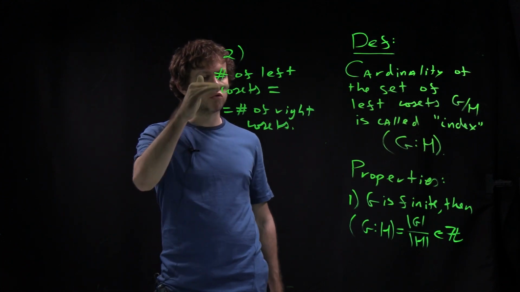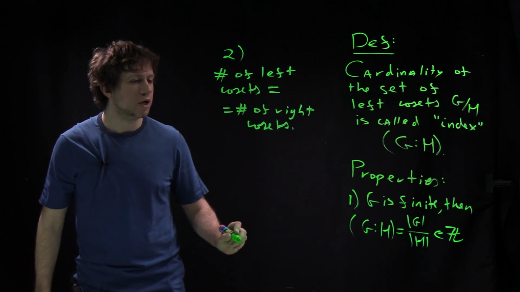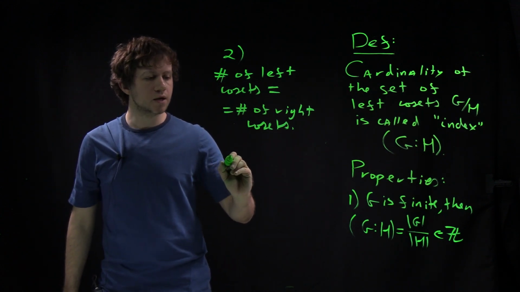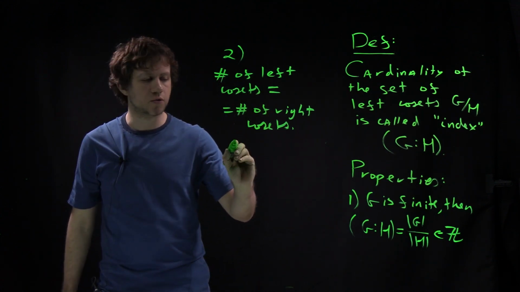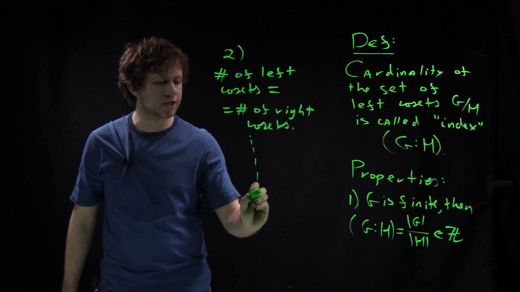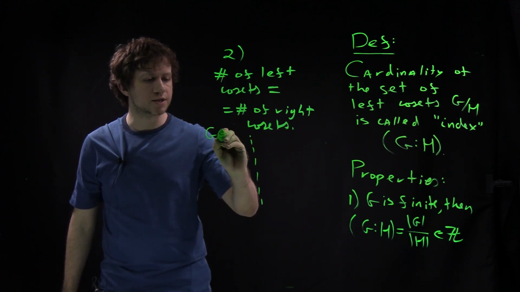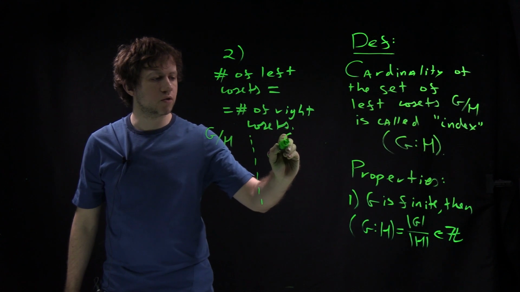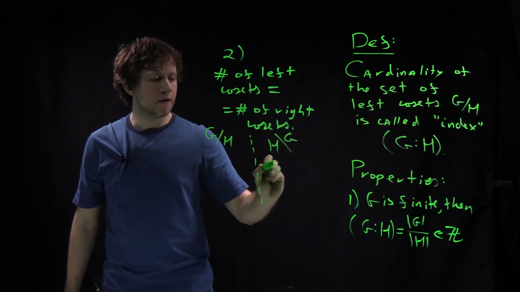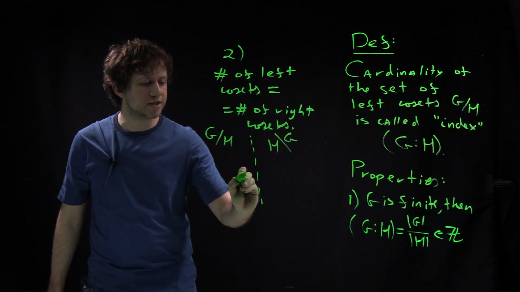But before, let me just prove it. The idea is very simple. Let me not write all details here. You take all left cosets and all right cosets, and let's write down a bijection.